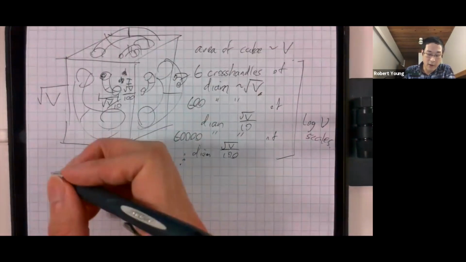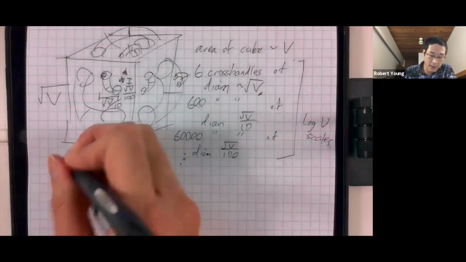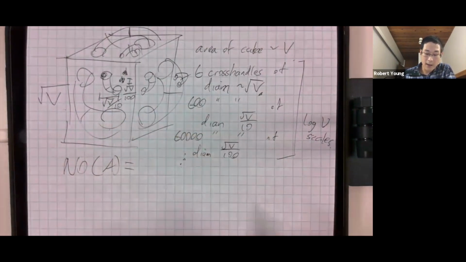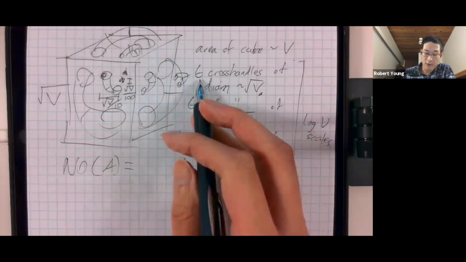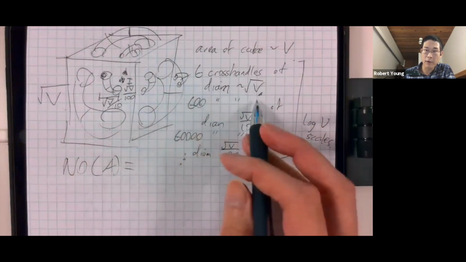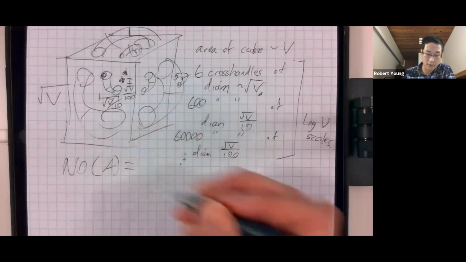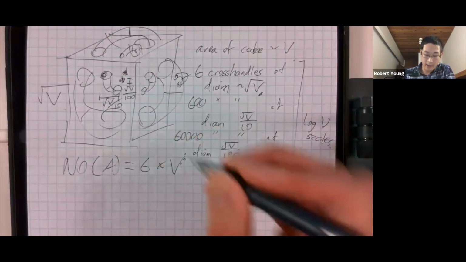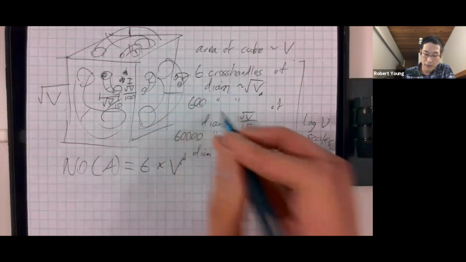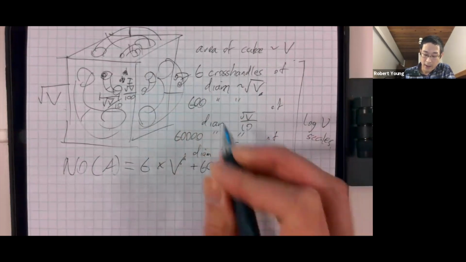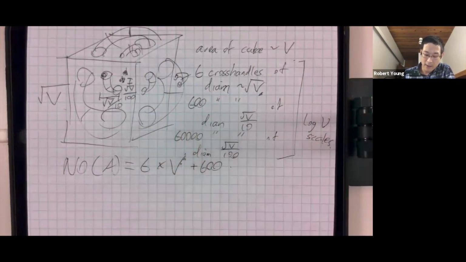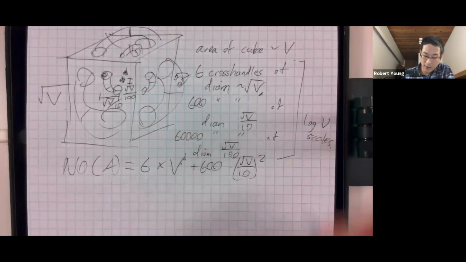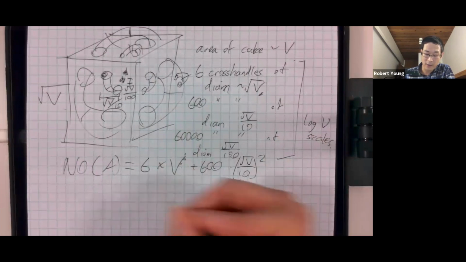And so if you calculate the non-orientability, what are you going to see? Well, that non-orientability is going to be made up of those 6 cross handles of diameter on the order of root v. Those are each going to contribute about v to the non-orientability. Those 600 cross handles of diameter 1/10 of that, those are each going to contribute about root v over 10 squared, so v over 100, to the non-orientability.